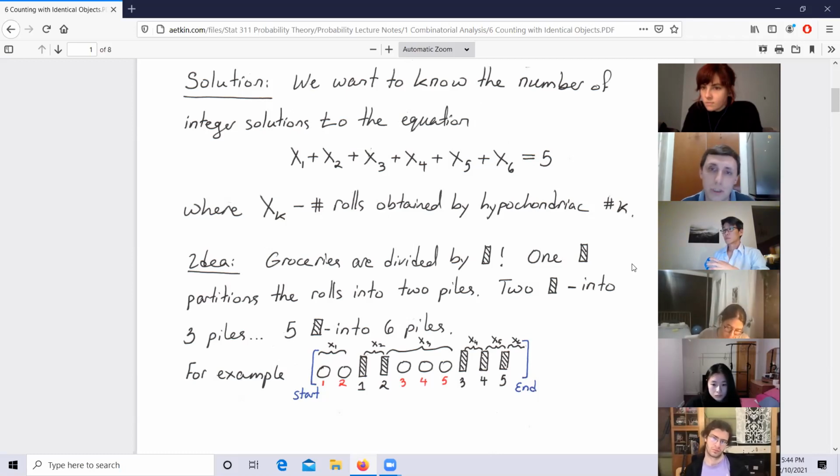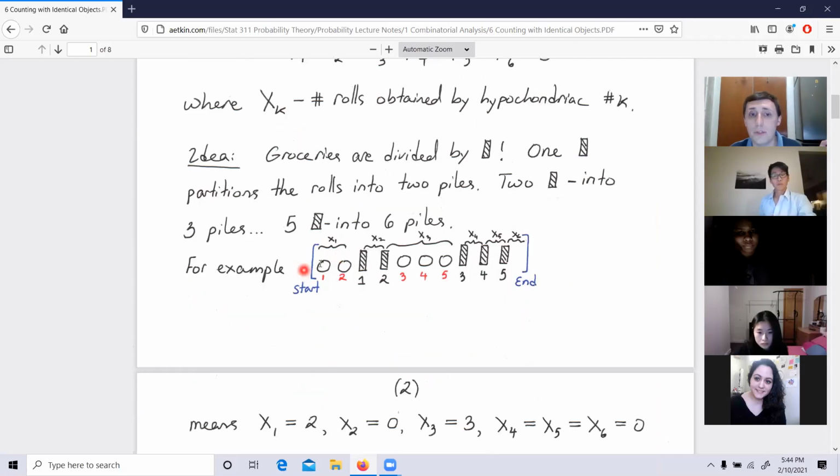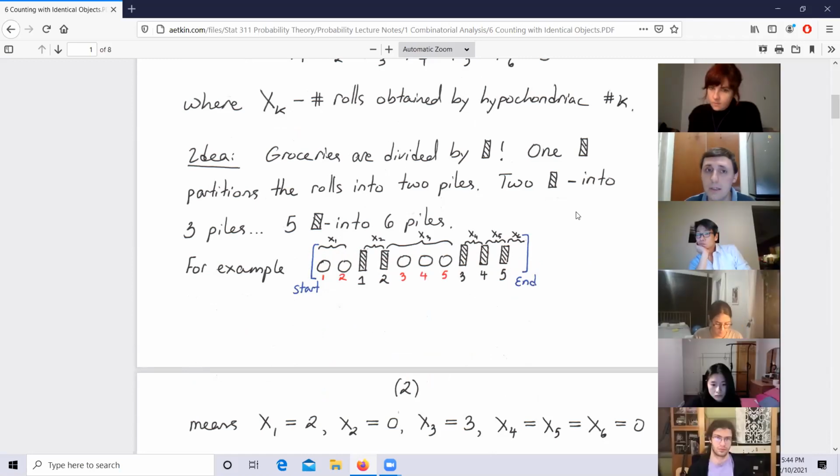You cannot distinguish a toilet paper roll from another. Good? So how do we address the situation? We can think very simply. This is a particular solution. The relative position of the sticks and the toilet paper rolls determines who gets what.